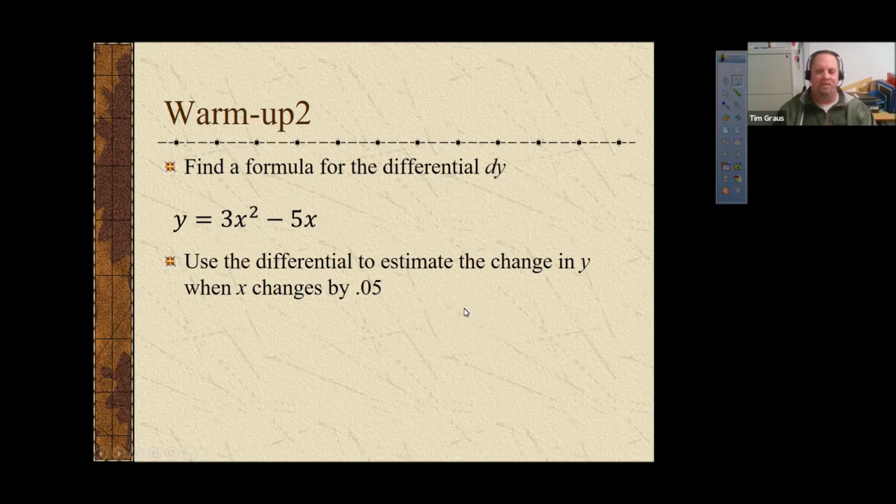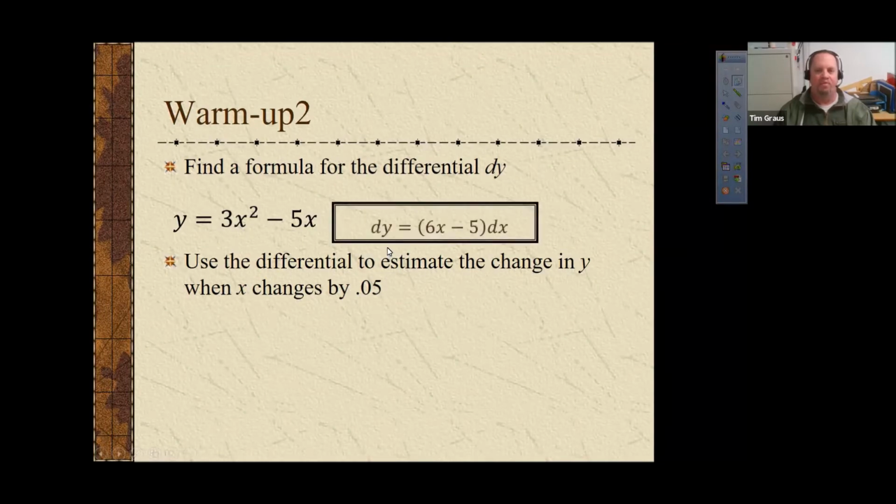So let's get back to the problem here. You probably devised that dy/dx for this function is 6x minus 5. Therefore, dy would equal 6x minus 5 times dx. Now, there is a bit of a problem with this next question, because this is a quadratic, a parabola.